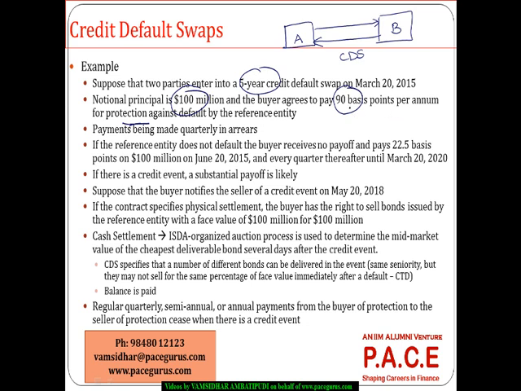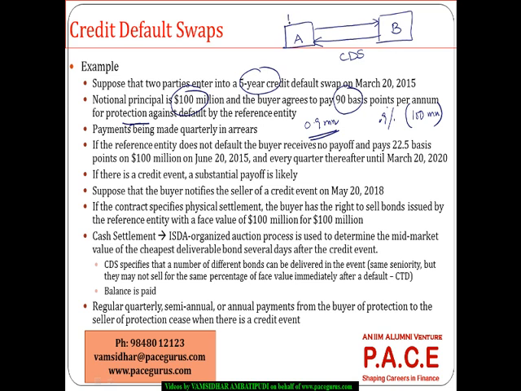So how much is it? 0.9% of the face value of 100 million. 1% is like 1 million, so it is 0.9 million per annum that the buyer agrees to pay.